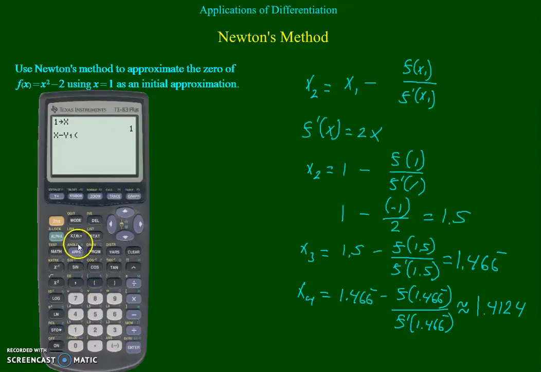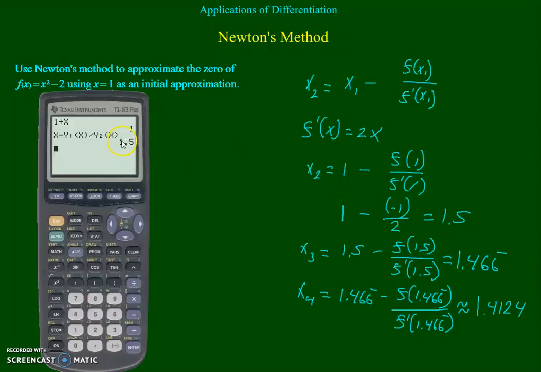We evaluate that at x, and then divide that by the derivative function: vars, y vars, function, select y2, and evaluate that at x. If we just enter this into the calculator, we actually get our first approximation, 1.5.